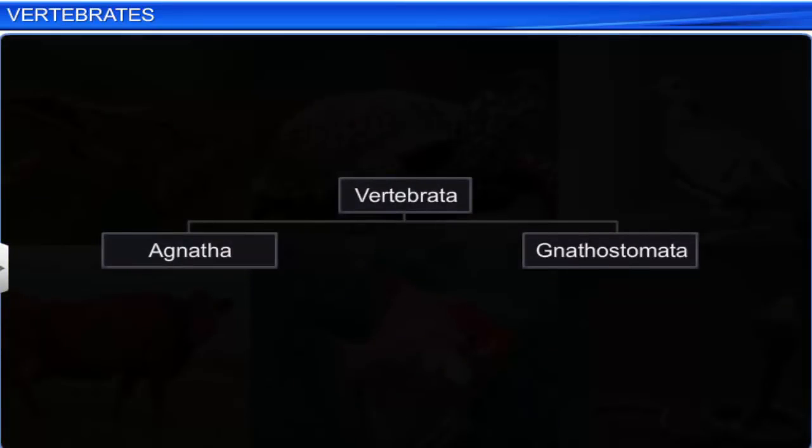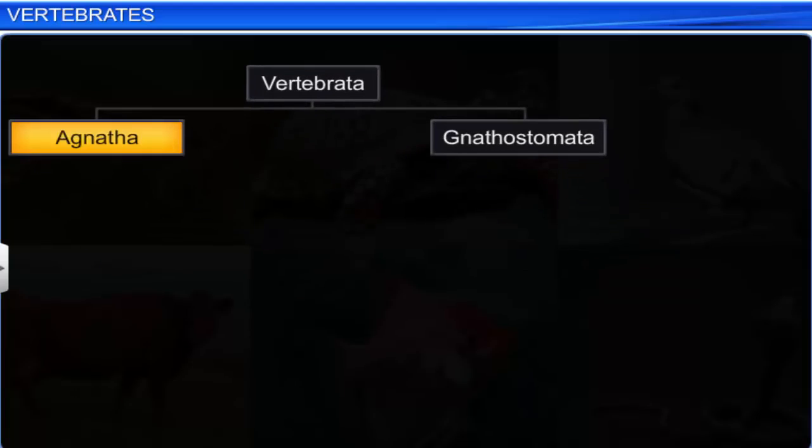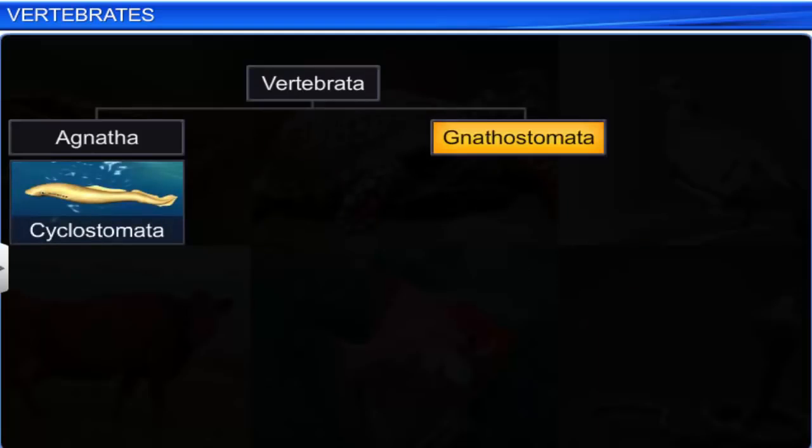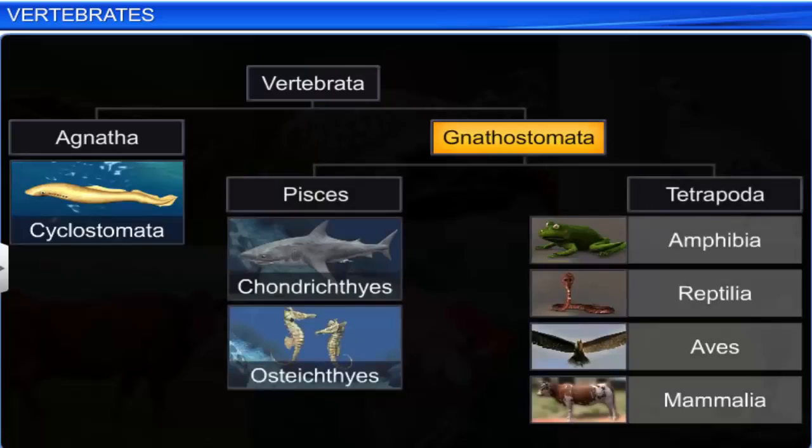Based on the presence or absence of jaws, vertebrates are classified into two divisions: Agnatha and Gnathostomata. Agnatha includes jawless vertebrates, while Gnathostomata includes jawed vertebrates.